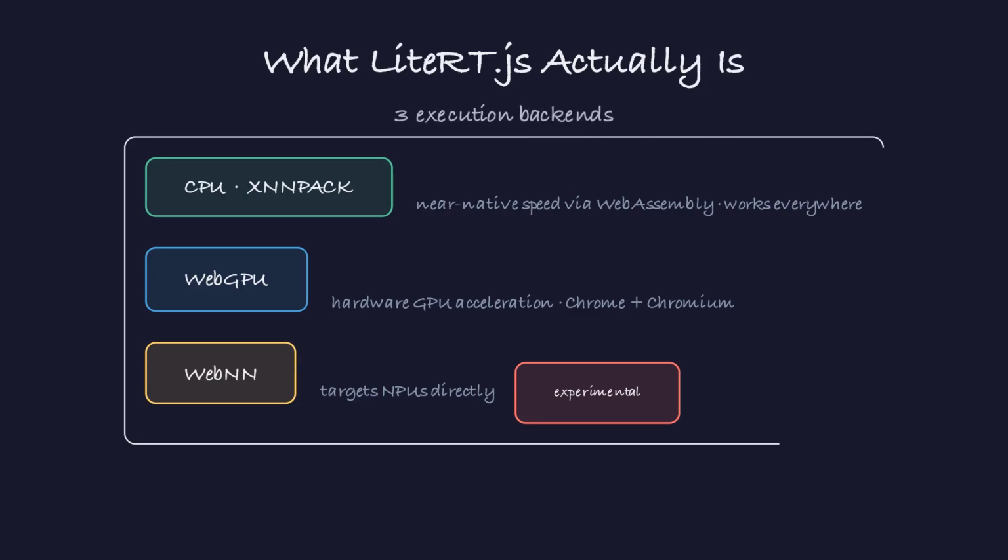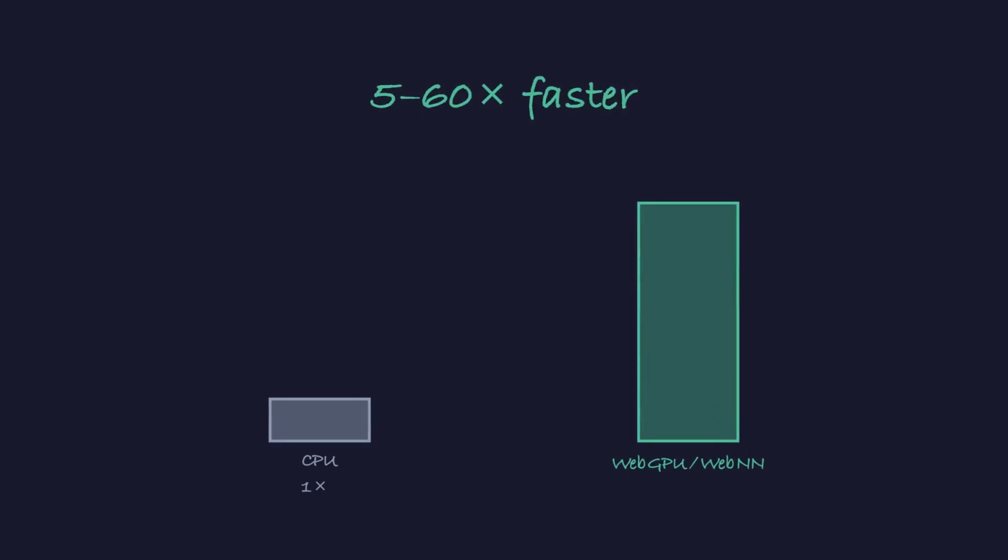So there are 3 execution backends: CPU via XNNPACK everywhere, WebGPU for GPU acceleration, and WebNN targeting NPUs, still experimental. And the numbers are big. For real-time tasks, WebGPU or WebNN deliver a 5 to 60 times speedup over CPU execution.